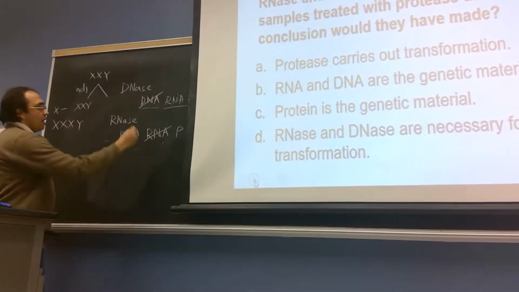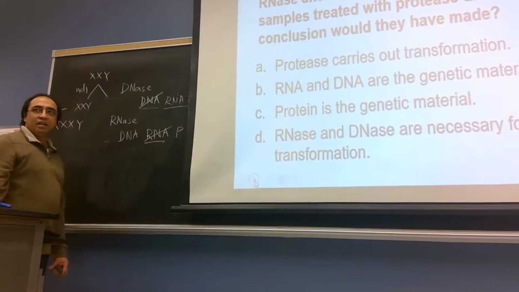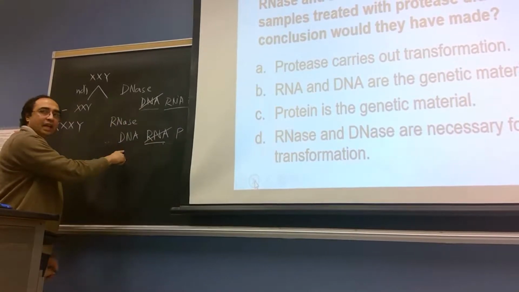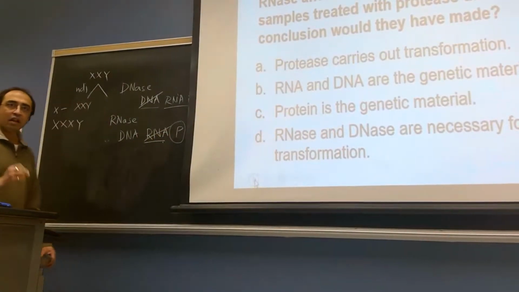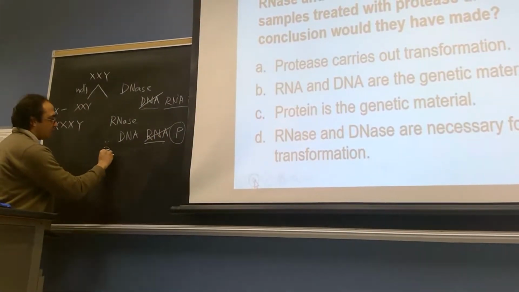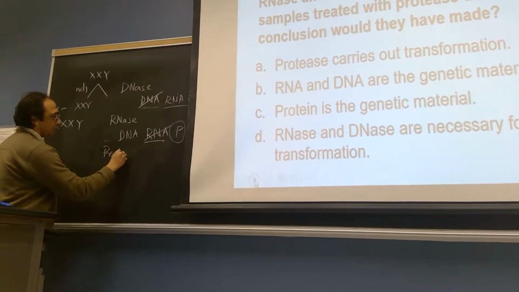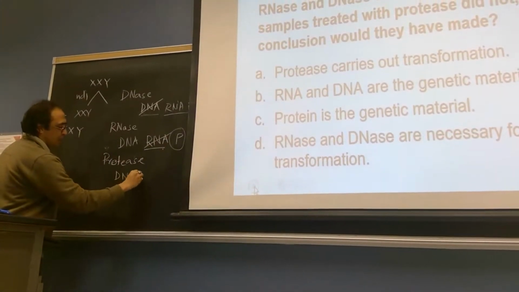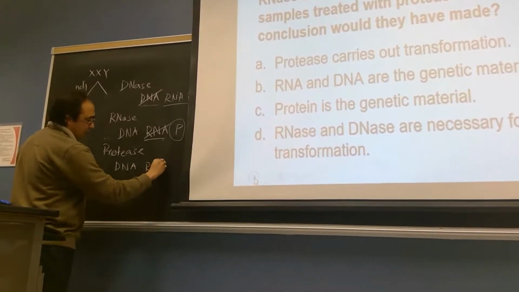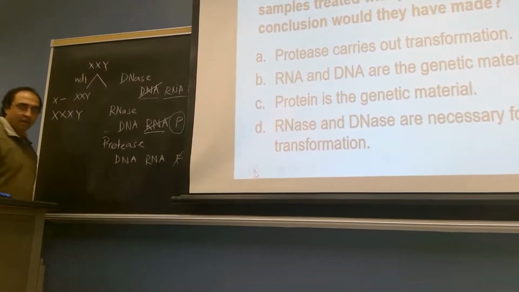Okay. Now RNA is not there. Already we got the DNA is not there. Now it should be the protein. The confirmation test is when we are treating with protease. That means DNA, RNA, and protein is not there.